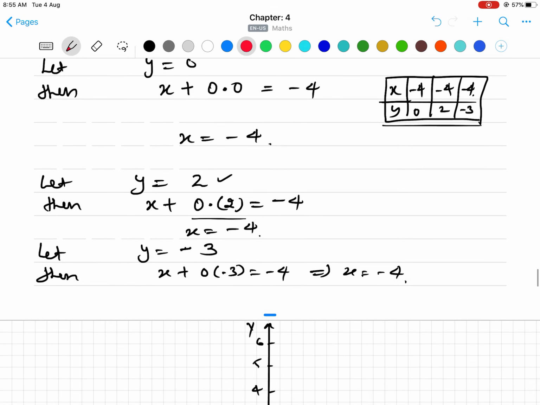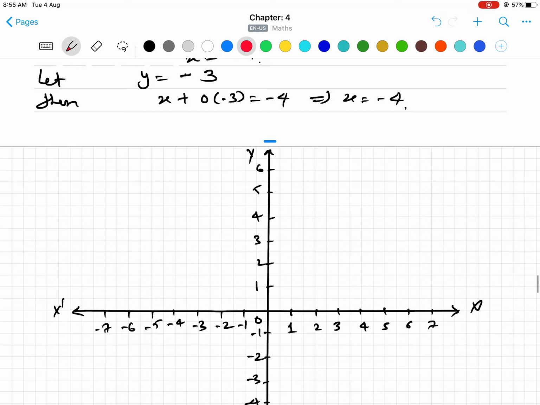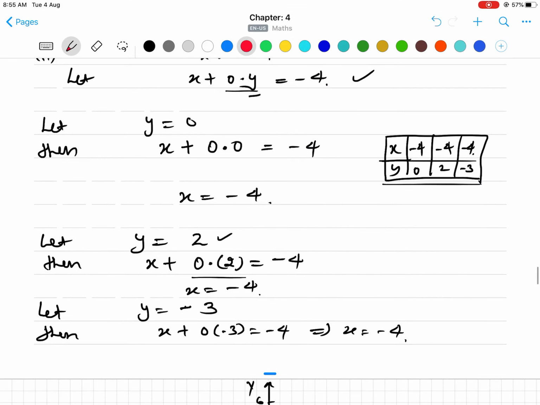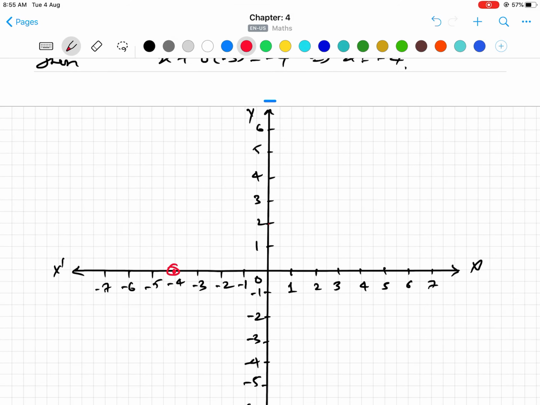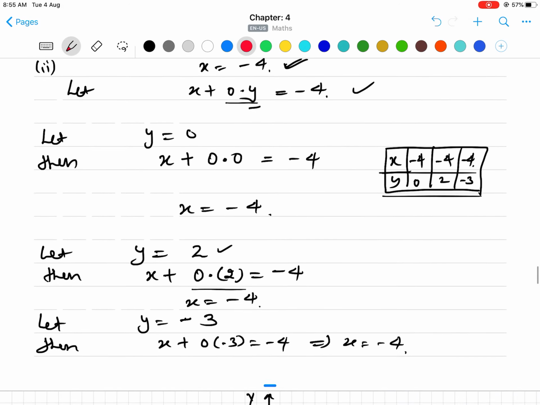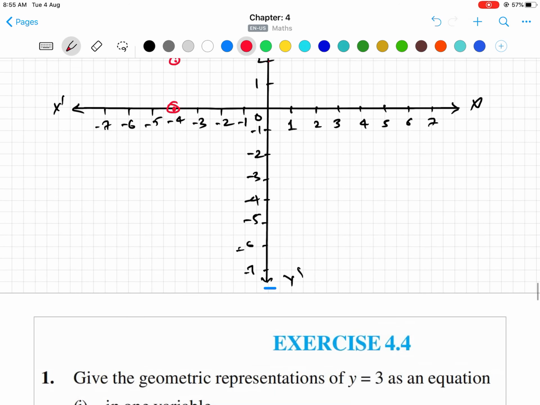We have x, y. Y is 0 and x is minus 4 will not be here, it will be here. Next is y 2 and x is again minus 4. Y plus 2 is here and x minus 4 is here. Next we have y minus 3 and x minus 4. Y minus 3 is here and x minus 4 will be here.